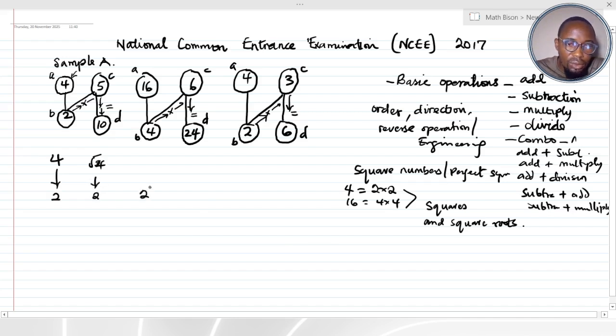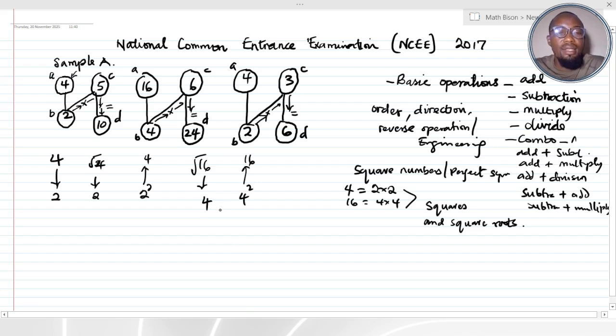It also means that 2 squared will give us what? 4. Where you have 16, the square root of 16 will give you 4. And if you do 4 squared, which is the square of 4, you have what? 16 again. This is interesting.